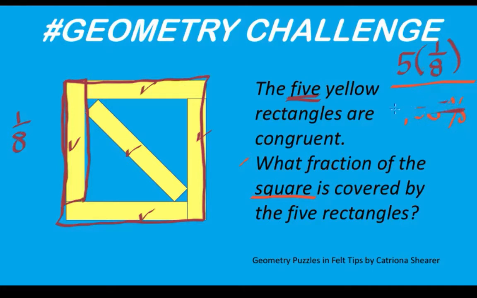So we can now replace this 100% by 1. And so 5 times 1 over 8 is 5 over 8. Divided by 1 is still the same answer, 5 over 8. So for our final answer, the area of the 5 yellow rectangles covered 5 over 8 of the entire area of the square.